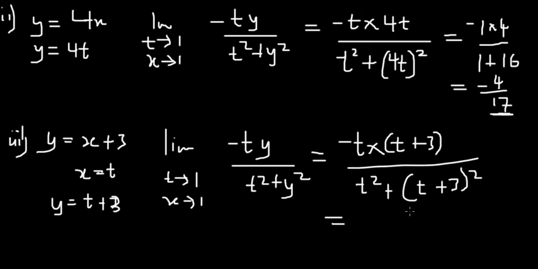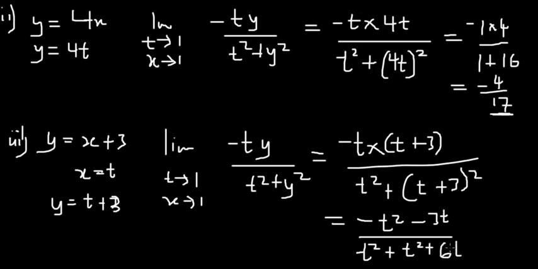Now let's try solving this. Multiplying this by that, we have minus t squared, and then minus t multiplying positive 3, we have minus 3t, and then we have t squared, plus this will give us t squared, and then plus 6t, and then plus 9.